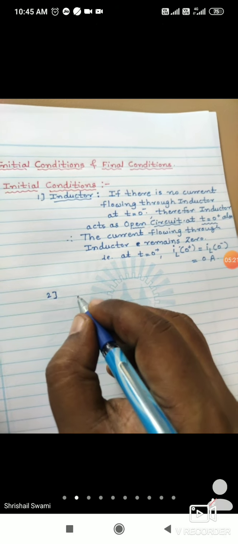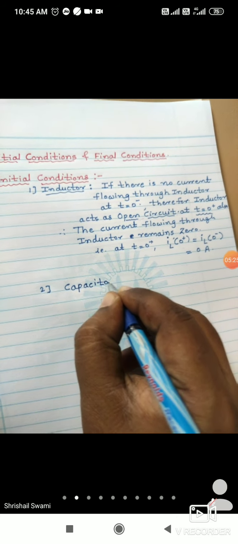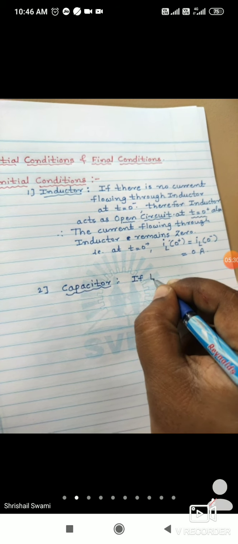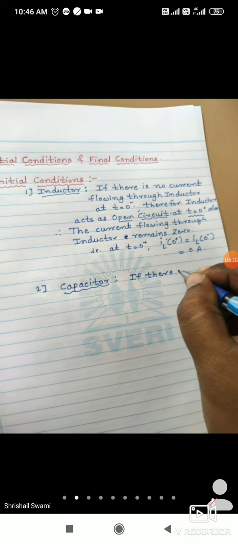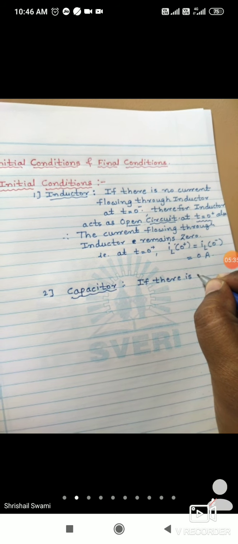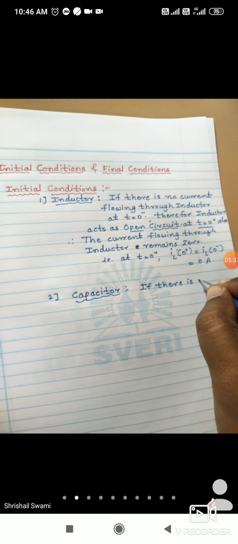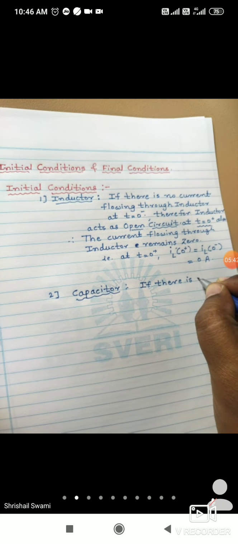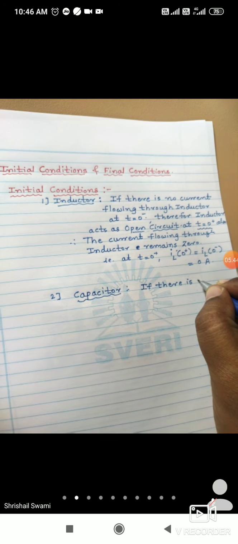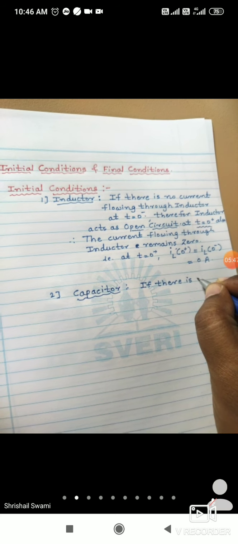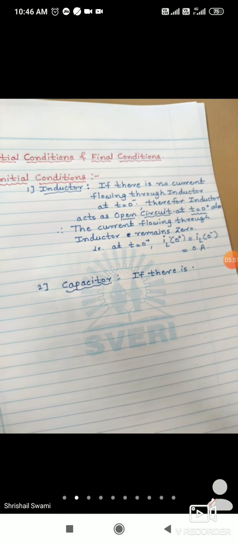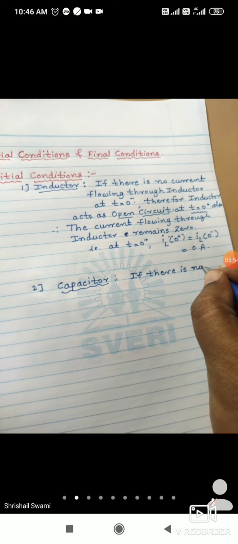Similarly, for the capacitor, you can write: the capacitor is related to voltage.